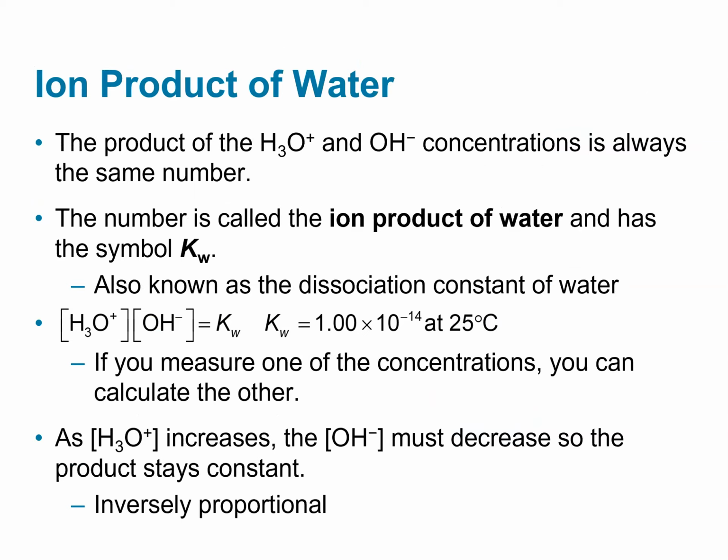So this gives us a little bit of explanatory power that we're going to lean on in a couple of different ways through the rest of this chapter and the following chapter. So the product of these concentrations is always the same number, because if they're in equal concentrations under normal conditions, they're always going to be the same value.